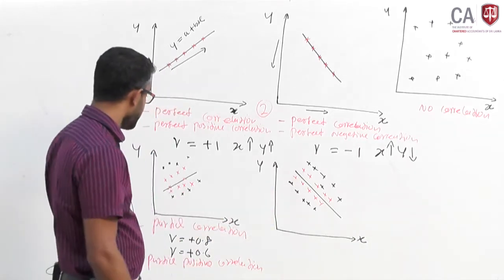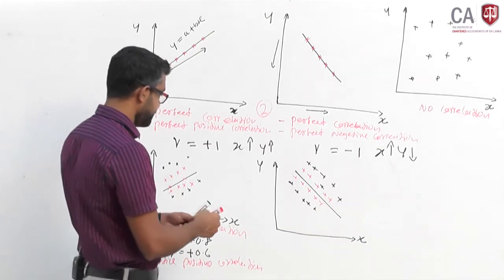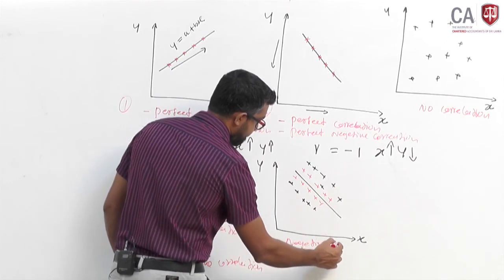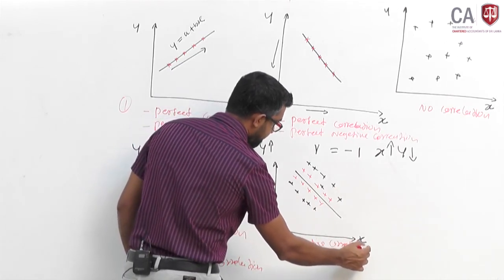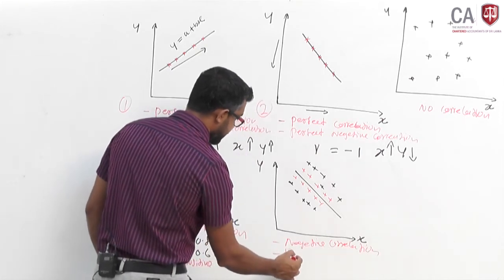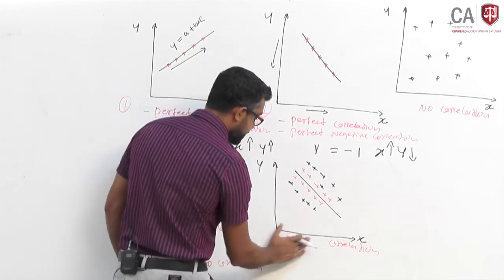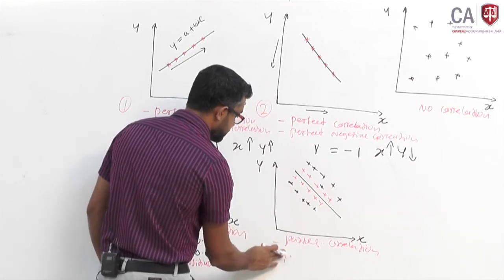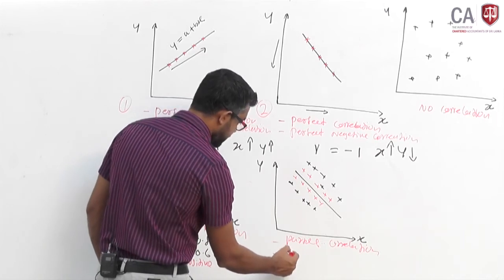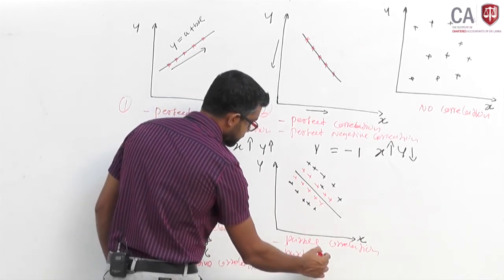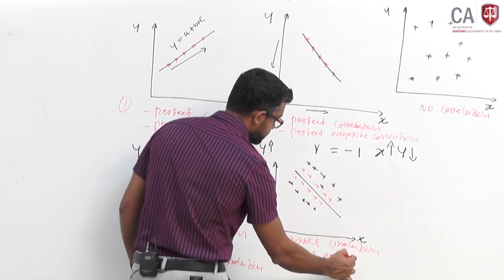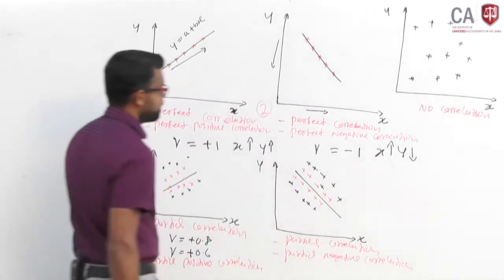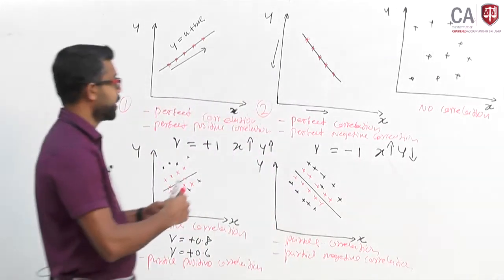Here on the other side, negative correlation, and it's partial negative correlation. And here no correlation.